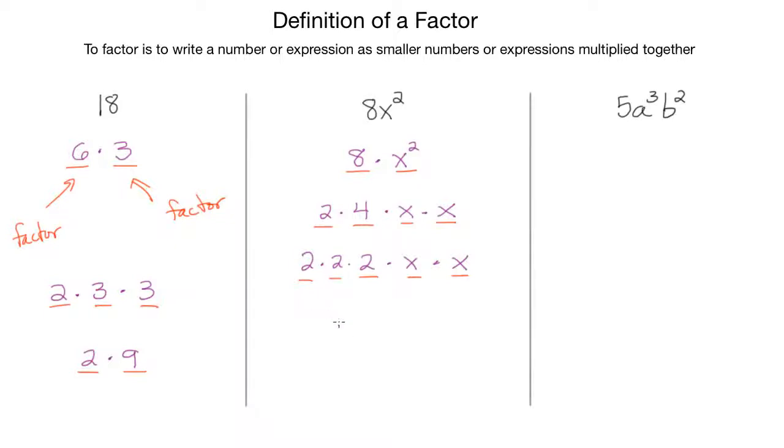And I could have some fun with this. I could say 8x squared, okay, that's the same as 4 times x. Let's separate that out. 4x would be a factor of 8x squared. It's a smaller expression. And I can multiply that by 2x.